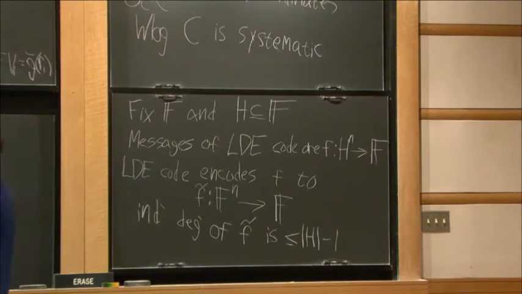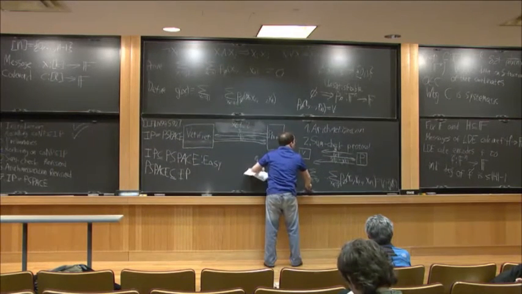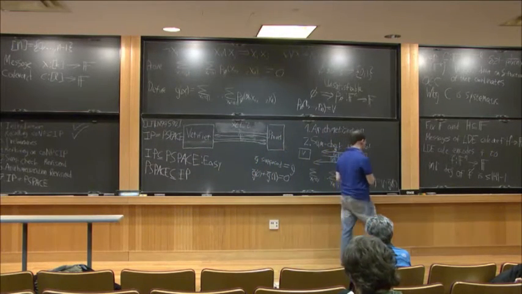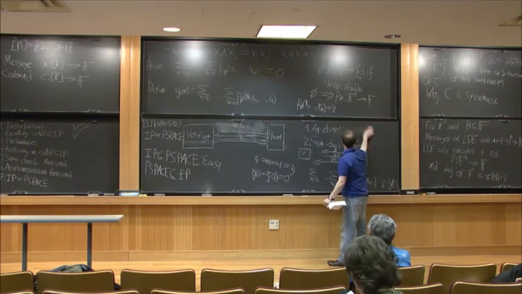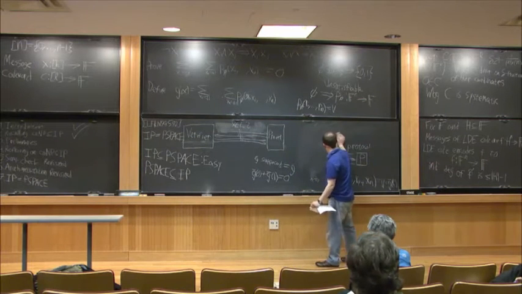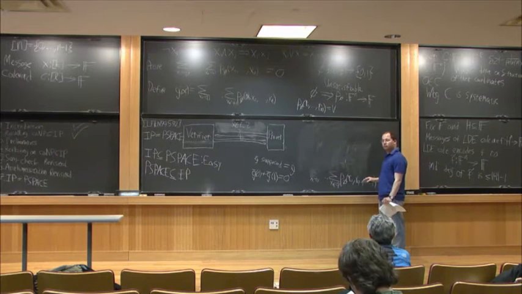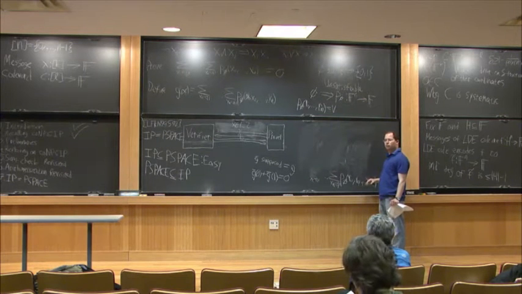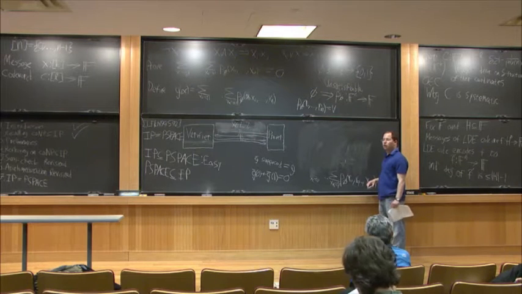Now what can we erase? We'll erase this. So once you choose the subset H, the extension is uniquely defined. Exactly.